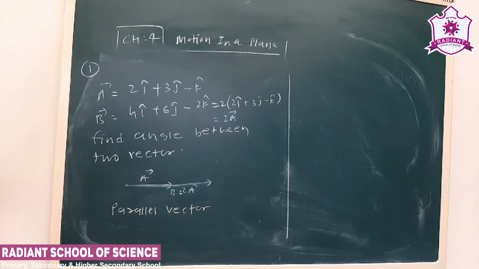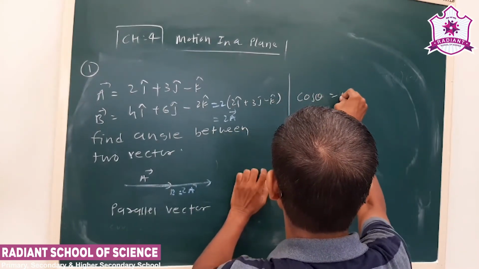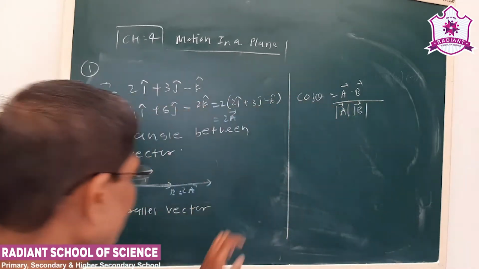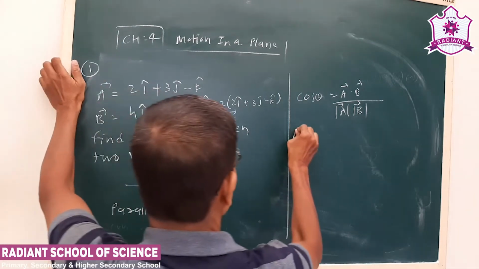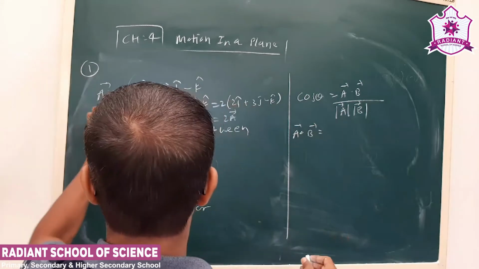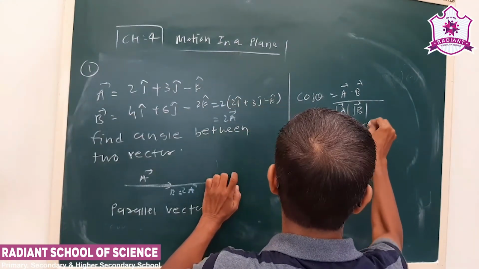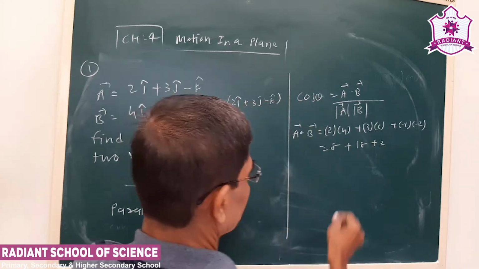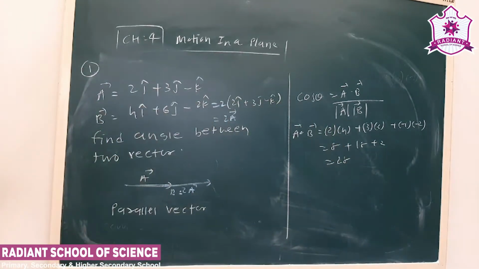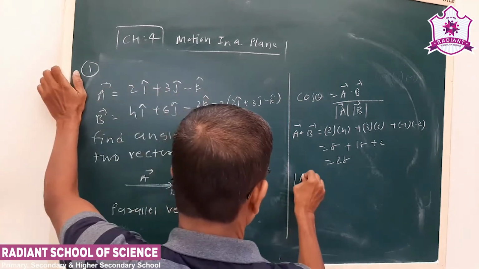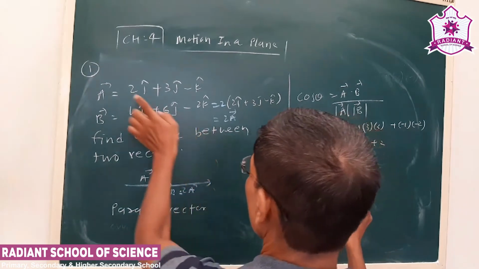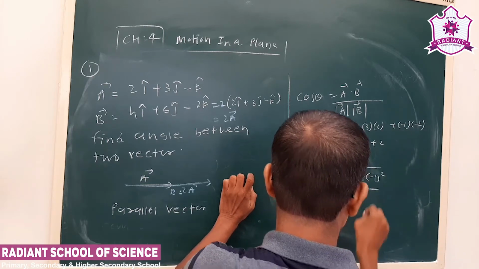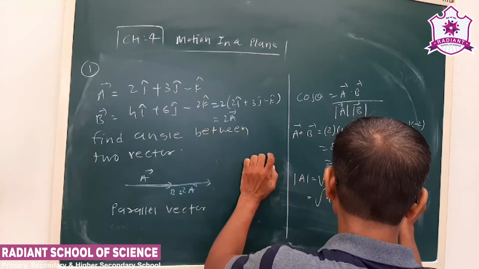Another method is by finding the angle. The formula is cos theta is A dot B upon magnitude of A times magnitude of B. First the scalar product A dot B, the numerator part: 2 into 4 plus 3 into 6 plus minus 1 into minus 2. Now the magnitude of A is 2 square plus 3 square plus minus 1 whole square, that is root 14.